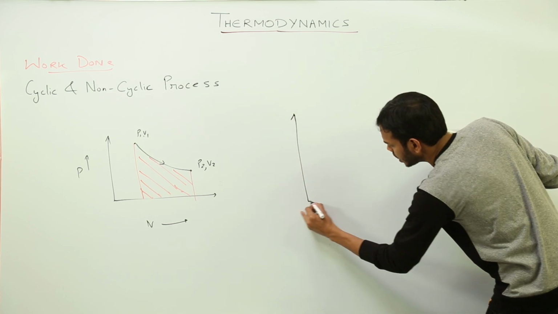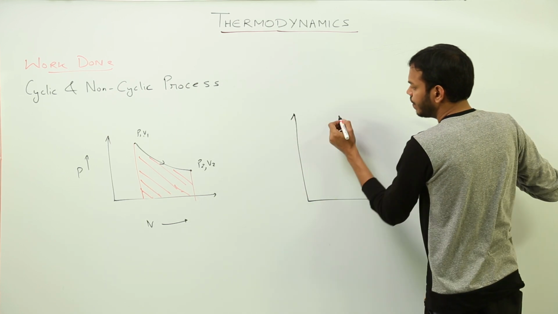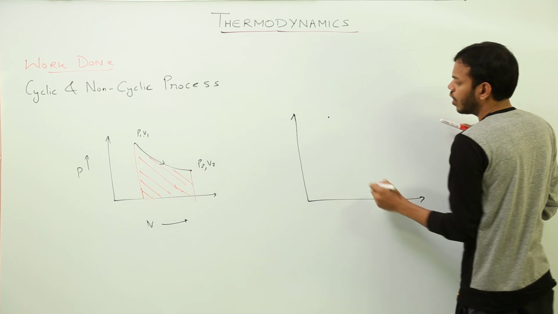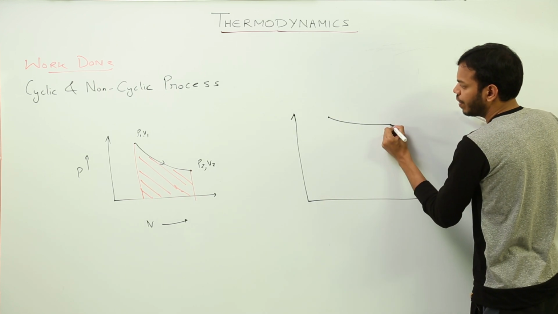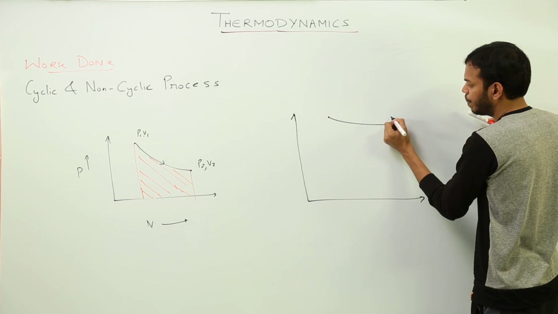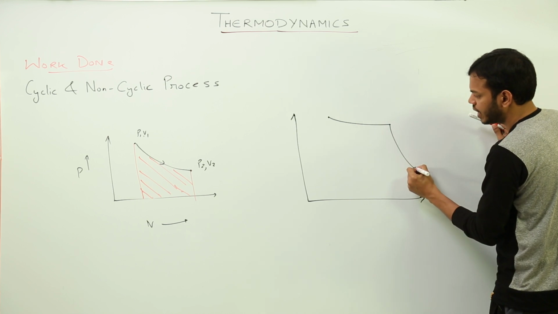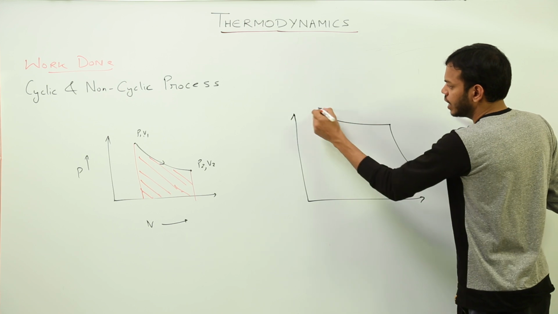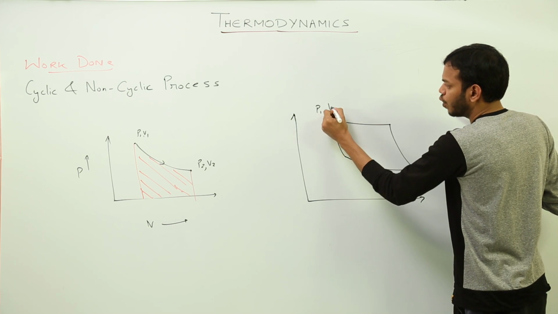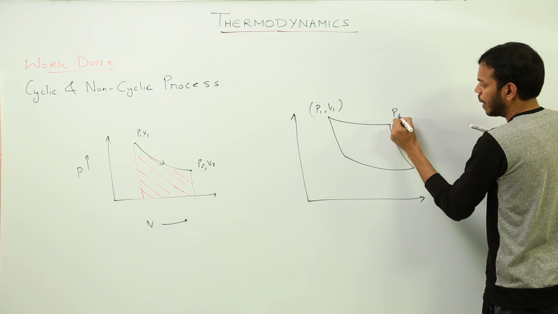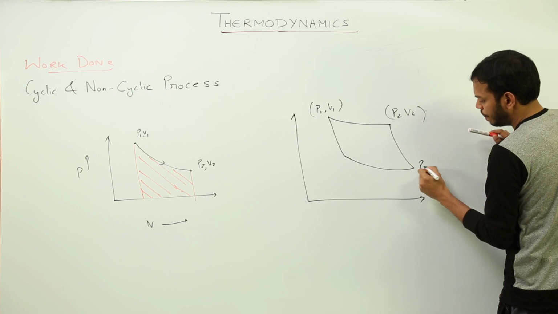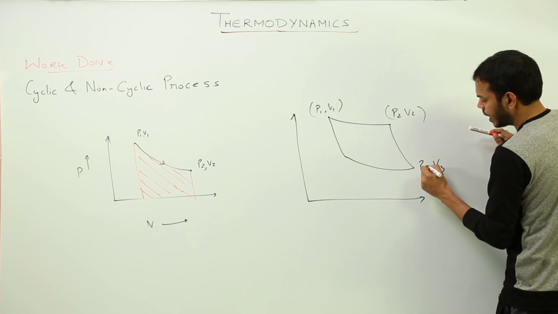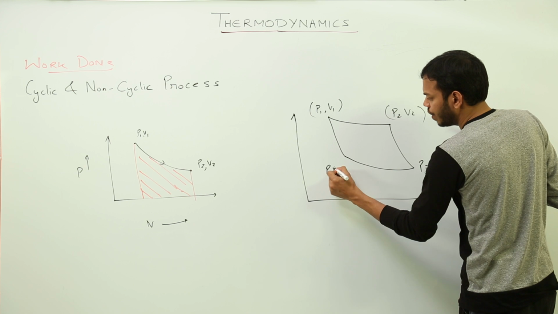This time we are drawing a cyclic process where a system started from this point P1 V1, then it came to P2 V2, then P3 V3, then P4 V4 and back to P1 V1. So these are four states: P1 V1, P2 V2, P3 V3 and P4 V4.